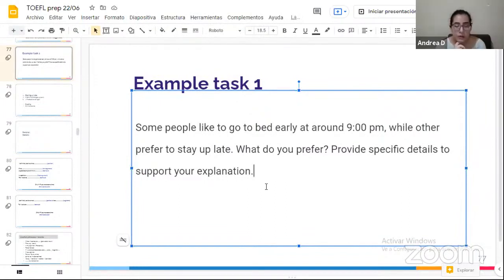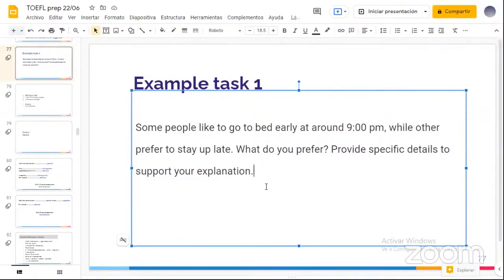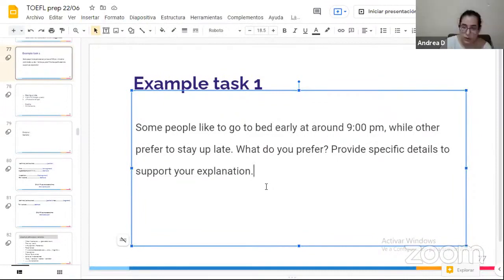It's up to you, really. You can use them, or if you prefer, you can go with different ones. Okay, so what would you say?